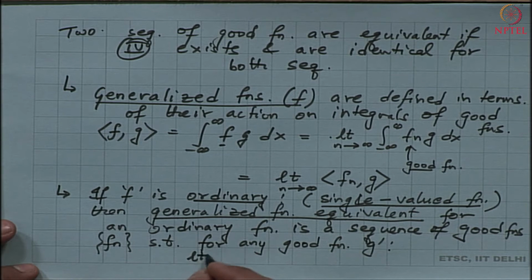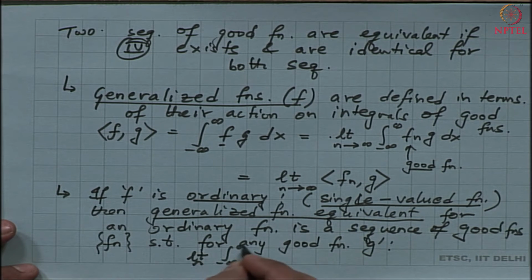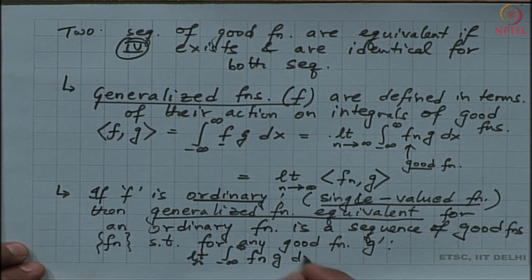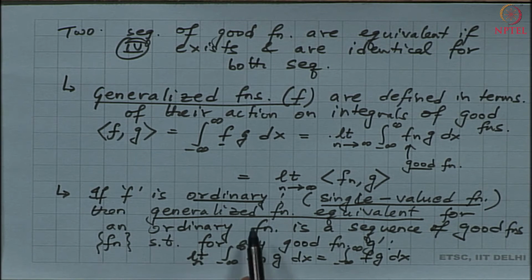I have that the limit as n tends to infinity of the integral from minus infinity to infinity of f_n g dx is equal to the integral from minus infinity to infinity of f times g dx. So, notice where this definition makes sense.